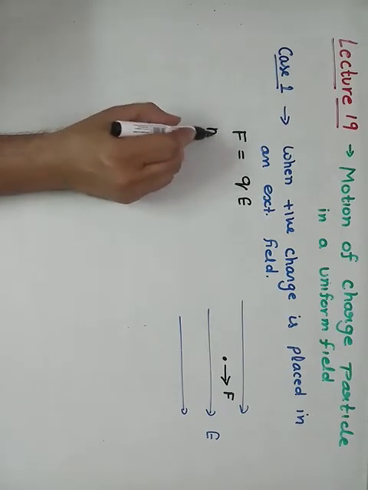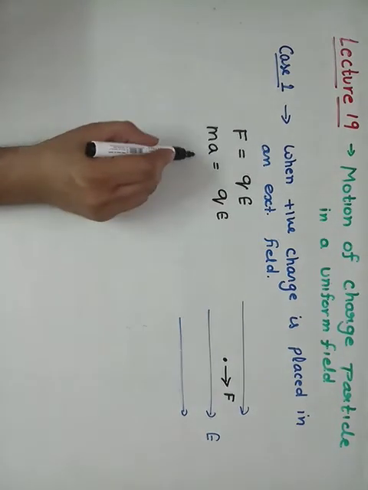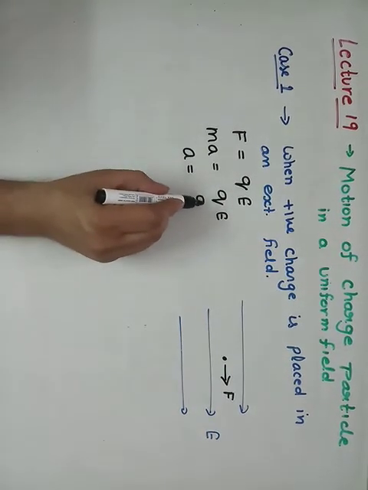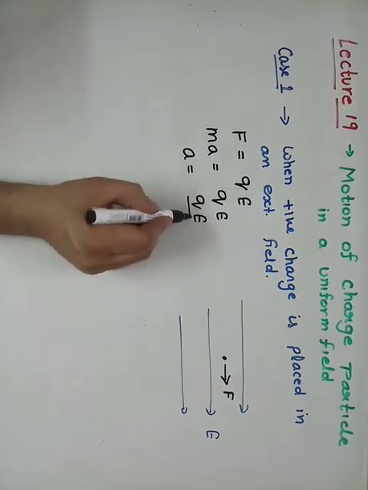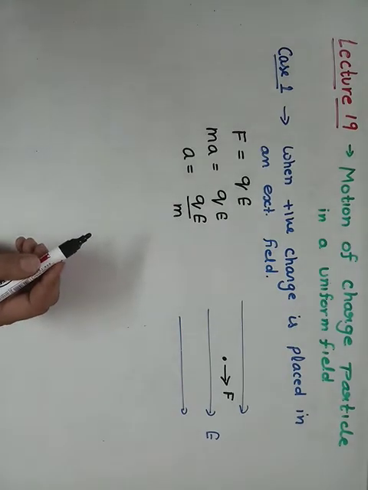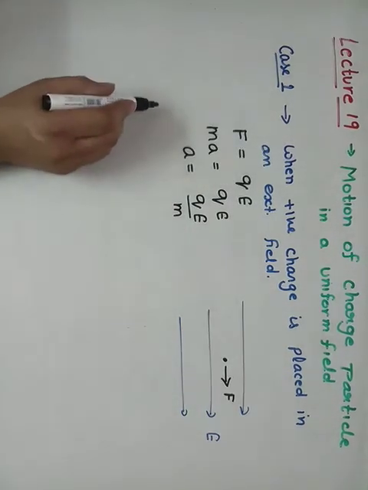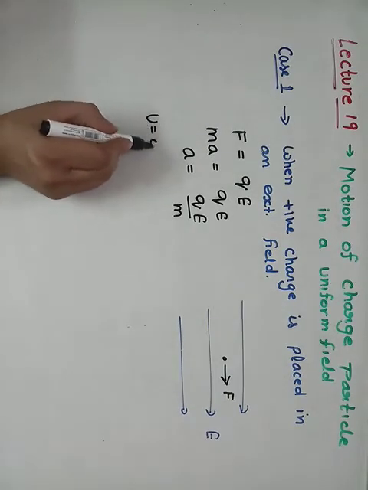And F is MA. MA is QE. Therefore, we can find the acceleration. Acceleration is QE by M. Initial velocity is 0.